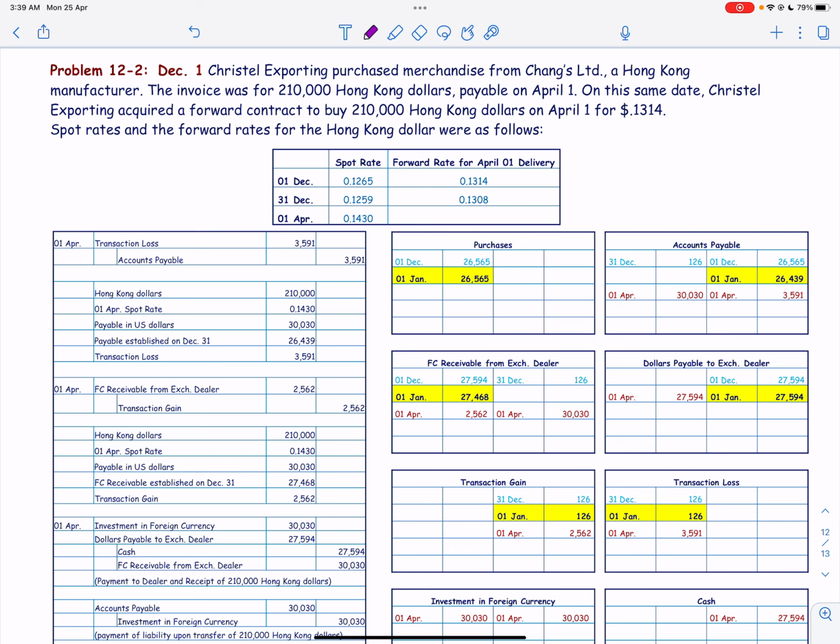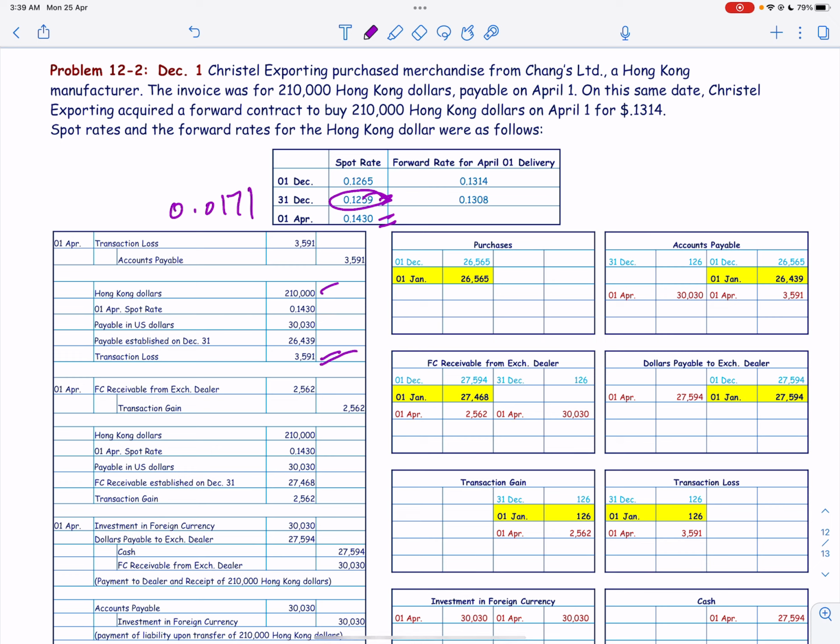On 1st of April, the spot rate has gone up to 0.1430 from 0.1259. So there is an increase of 0.0171. That means Crystal Company has to bear a loss of 0.0171 US dollars on each Hong Kong dollar payable, that will be equal to 3,591.